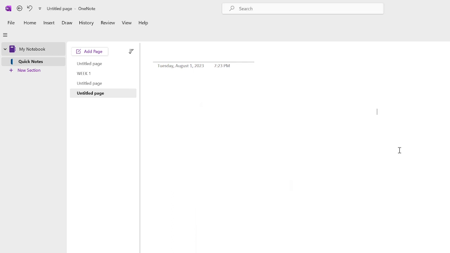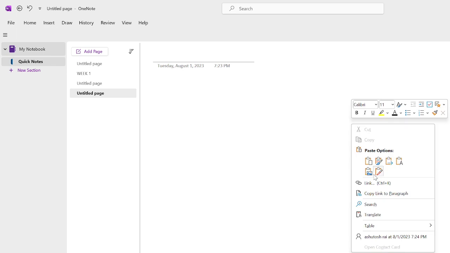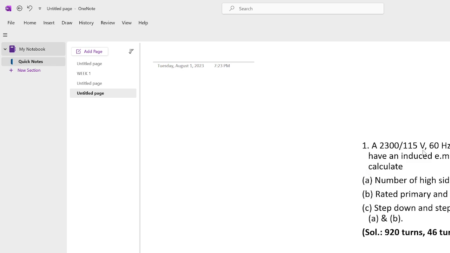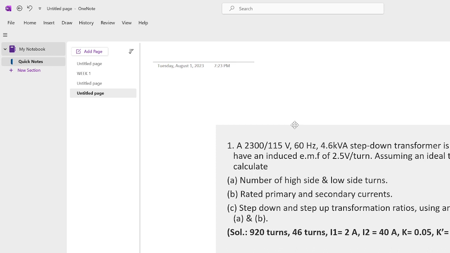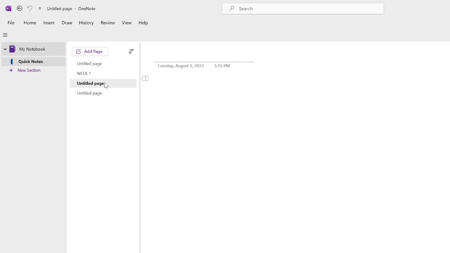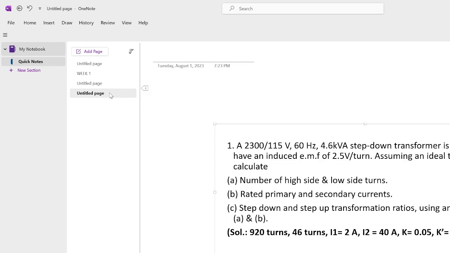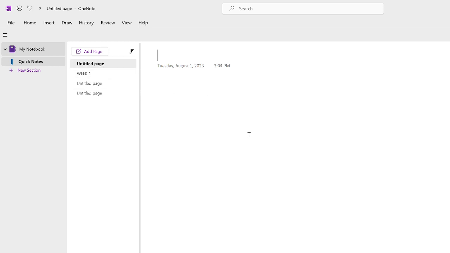Sir, could you show the answer for the flux linkage in the previous question? This answer is 1.152 Weber turns.